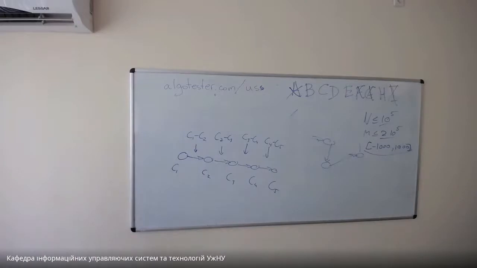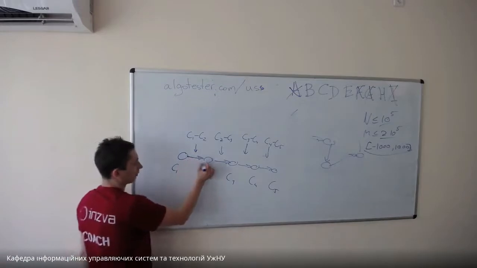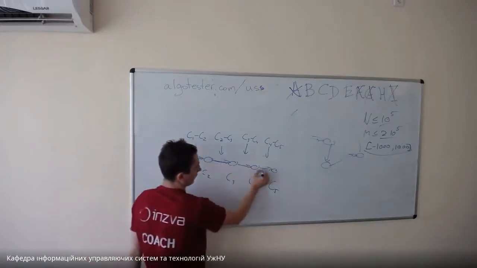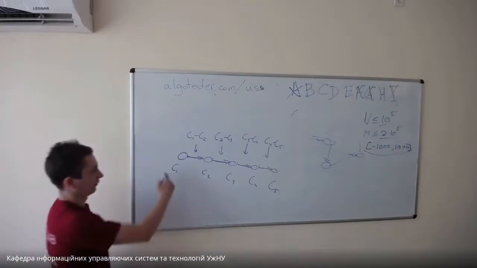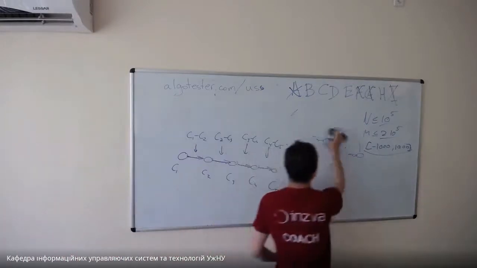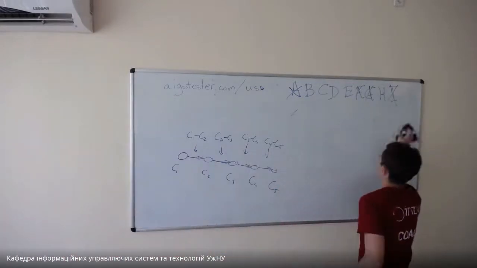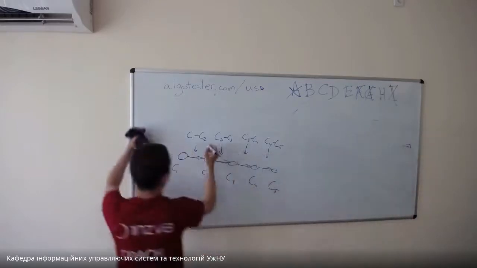Now let's calculate the sum of the weights of the edges on some paths. So for this path, it would be just the sum of those numbers.